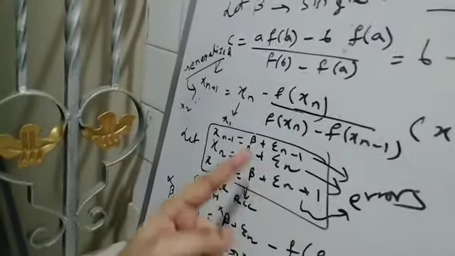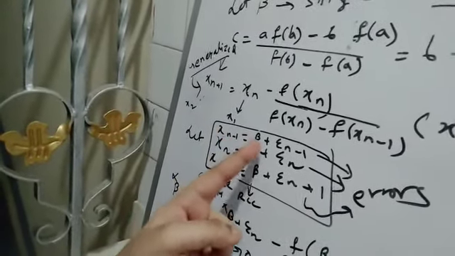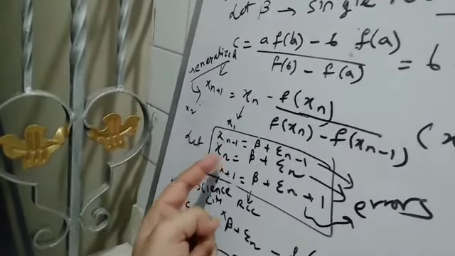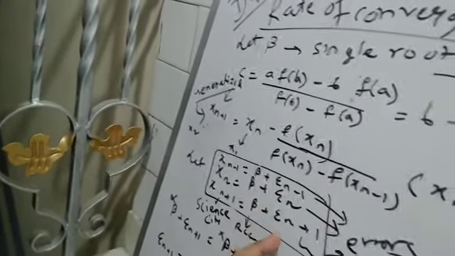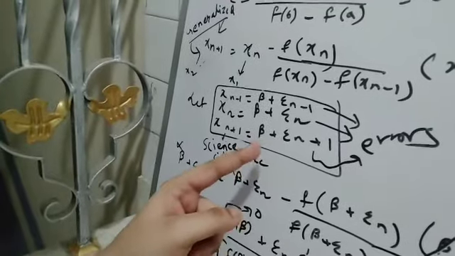Now what is the error in one step? The error in the n minus 1 step is this, in the nth step is this, and in the n plus 1 step is this. This much is the error: epsilon n plus 1, epsilon n minus 1. Suppose this is beta, your root, your destination, that means this is your college.